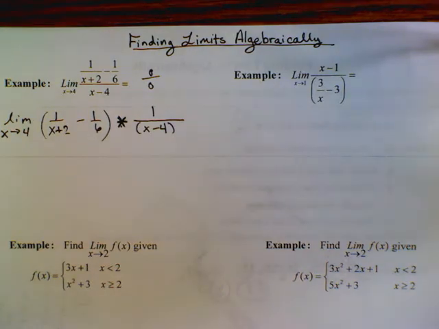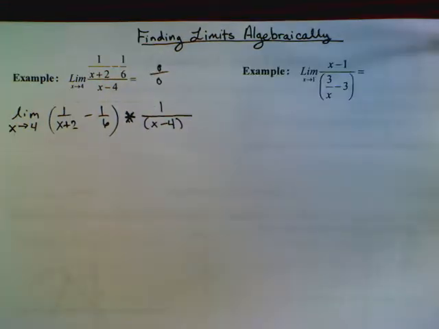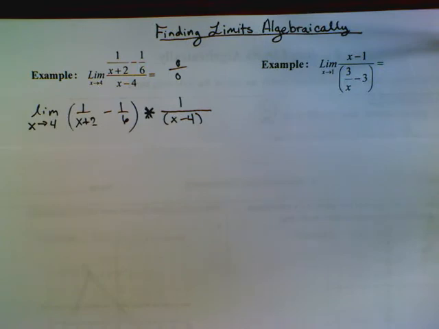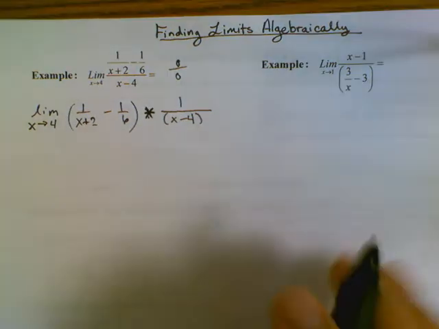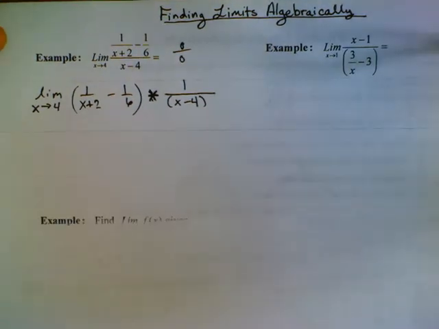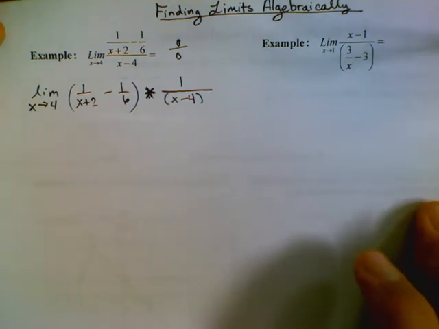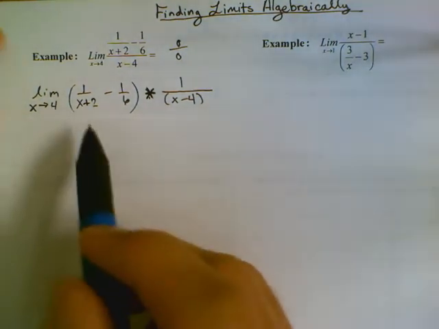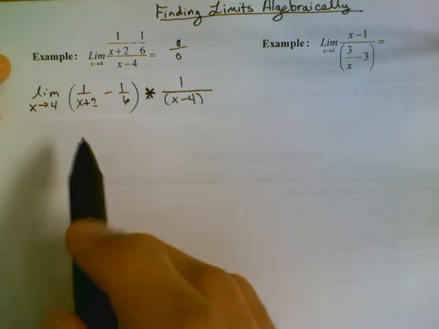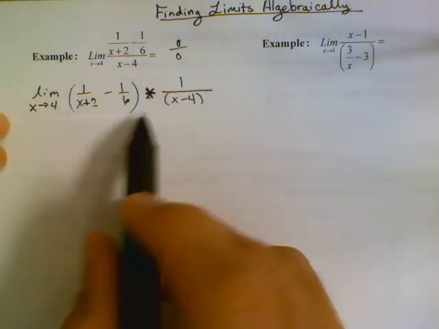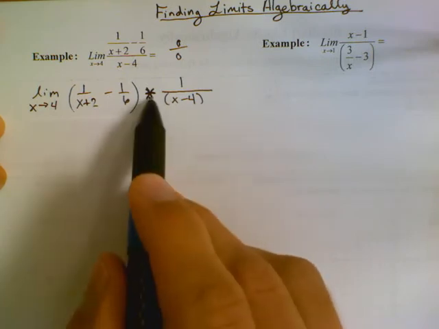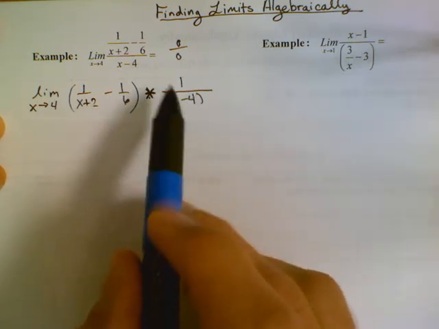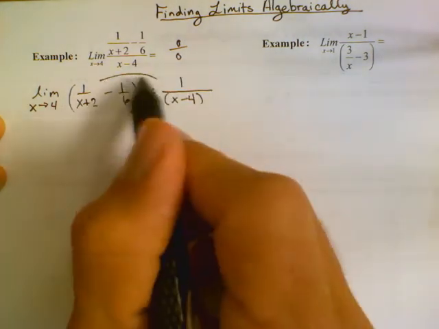Okay, now let's see what happens there. This problem might take a little bit more space than what I've allotted you on this worksheet, and I apologize for that, but I think it'd be best if you had a separate sheet of paper and did this one. So what we're looking at is multiplication, right? So basically we can distribute this back in.